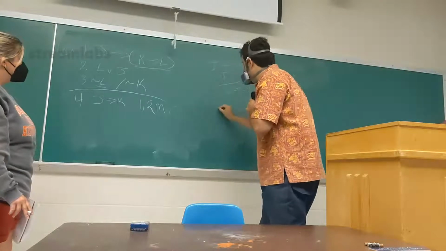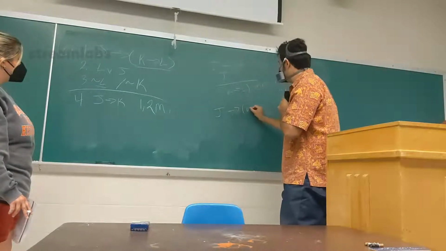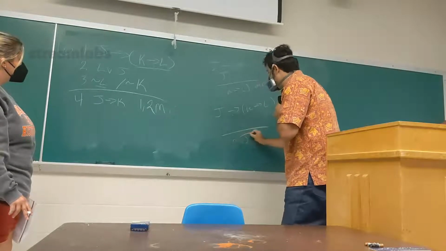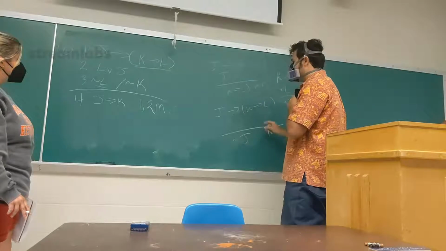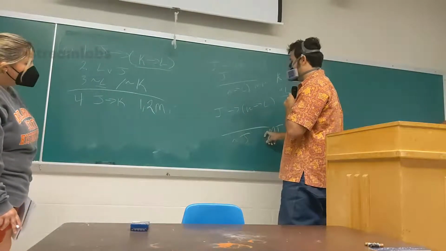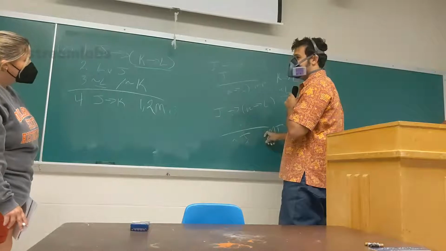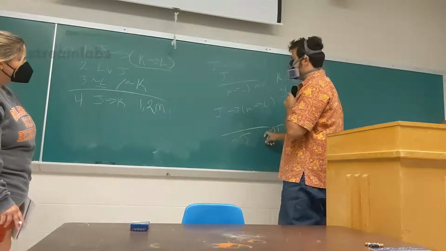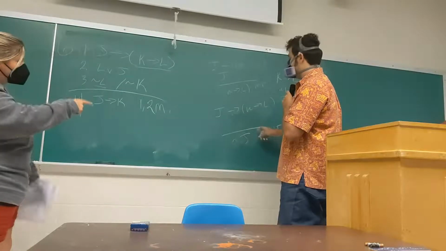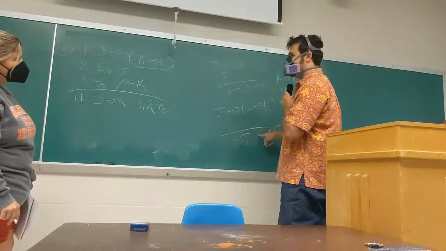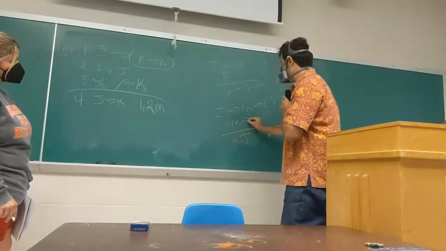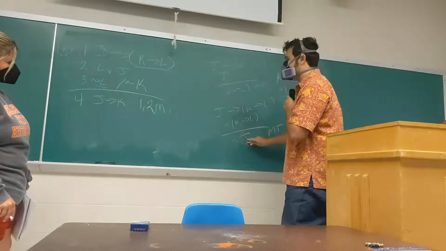J. Okay, if I want to deny J with modus tollens, what do I need? Negated, yeah, negated the K L. Negate the entire right side, and I'm left with that.